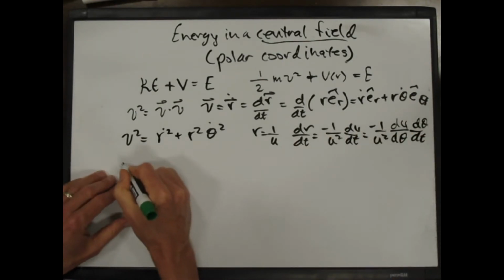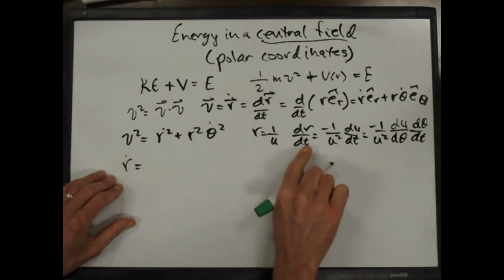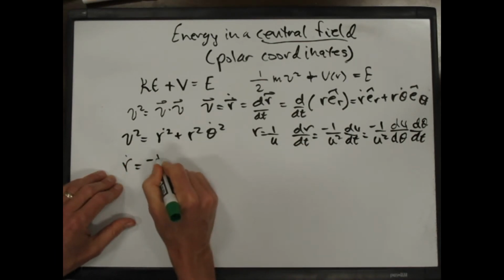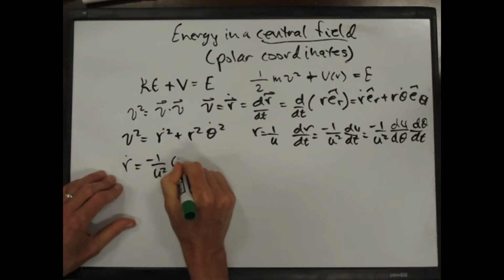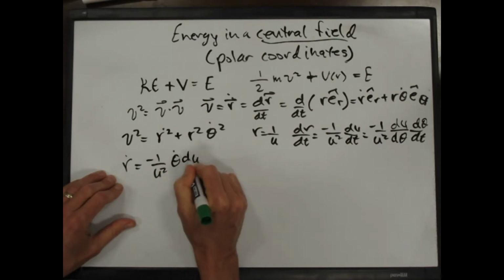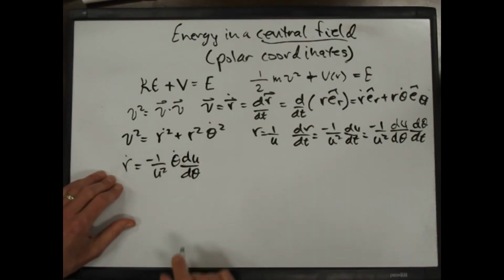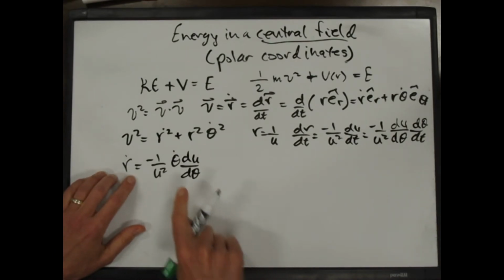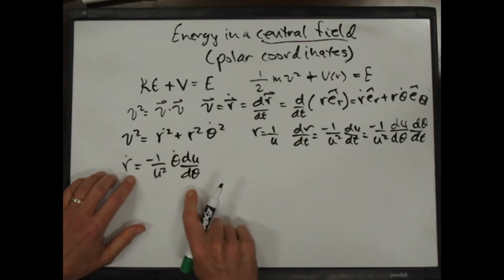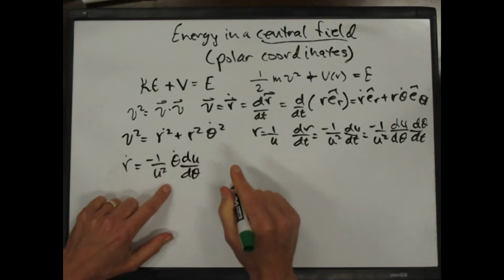And so r dot, that's what this is, minus 1 over u squared theta dot du d theta. So that gets us this part of it if we square it, right? But we have some other work to do.